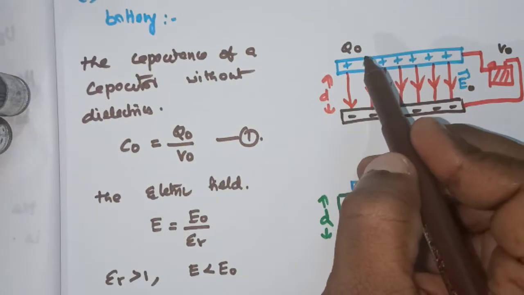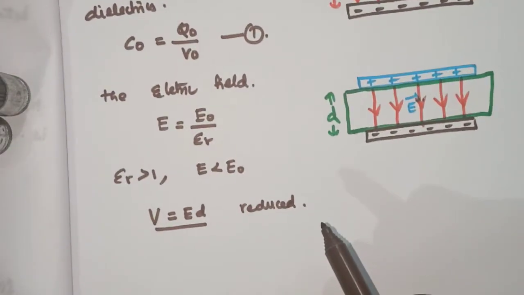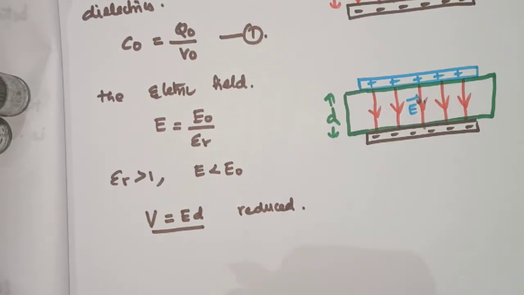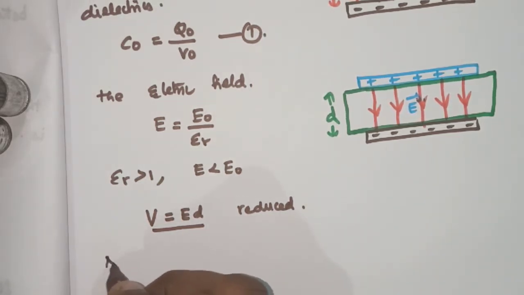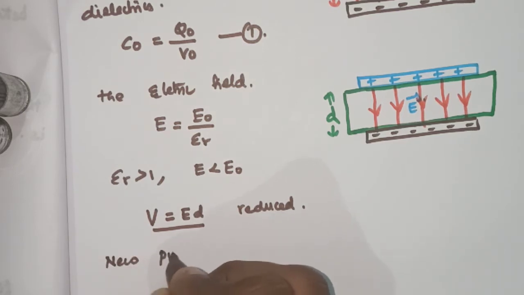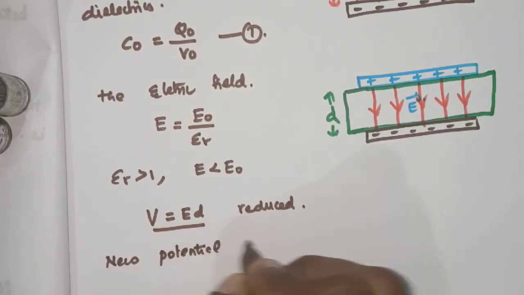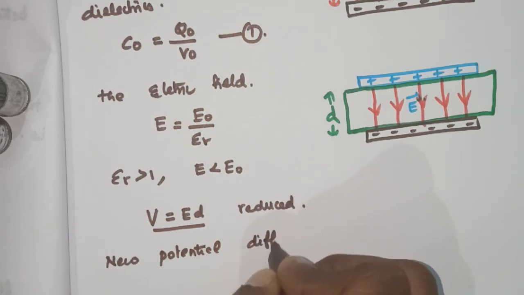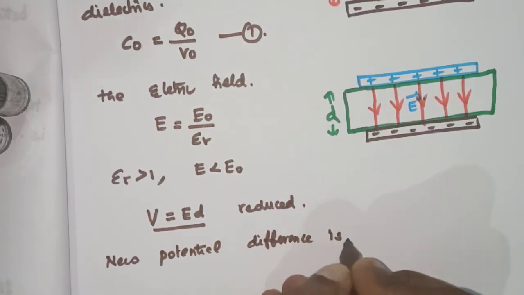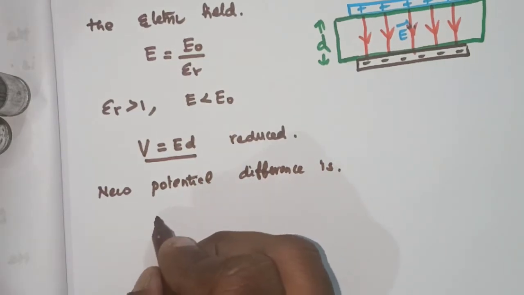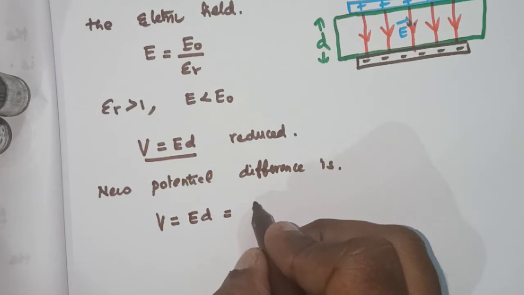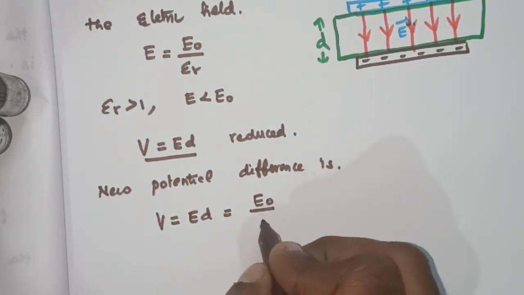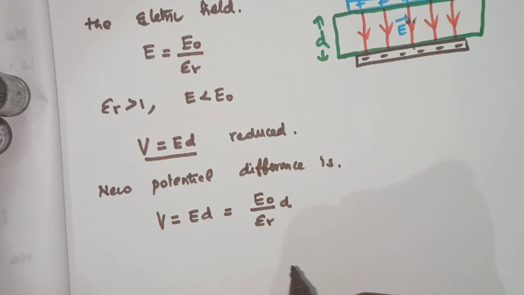This charge Q0 will remain constant once battery is disconnected. So the new potential difference is, we can write V equal to ED, so that is E0 by epsilon r into D.